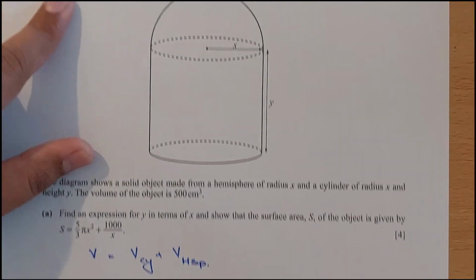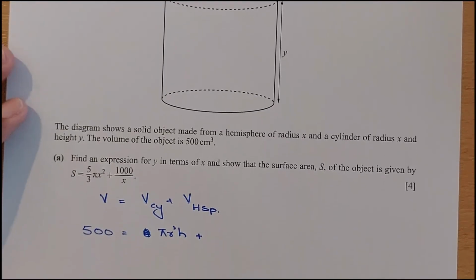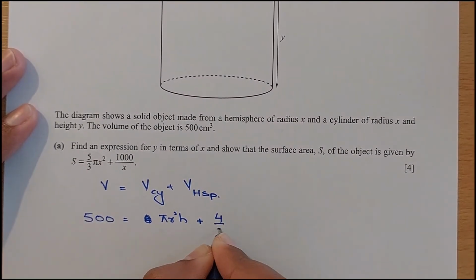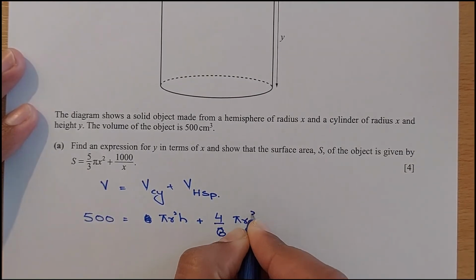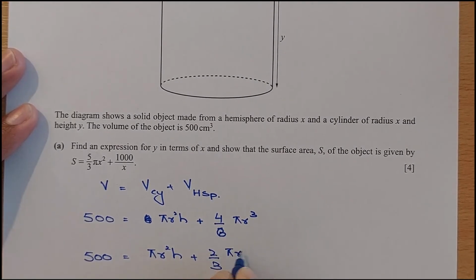As given at the top, the volume of a sphere is 4 by 3 pi r cubed, and for a hemisphere we need to divide it by 2. So that is equal to 4 by 6, 3 times 2 is 6, pi r cubed, right? So we have 500 equals pi r squared h plus 2 by 3 pi r cubed.